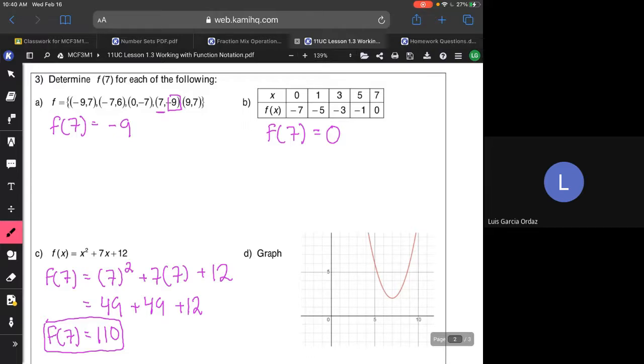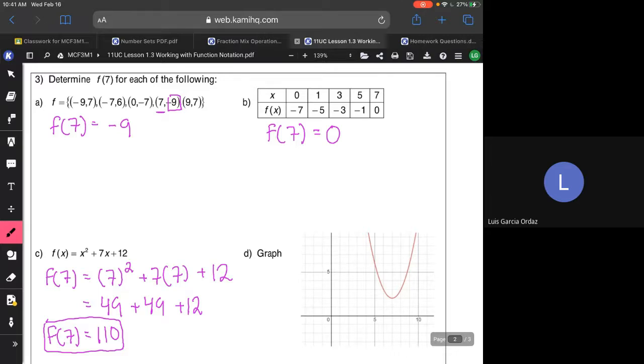So all I'm going to do is identify where my x value is 7, and then find the y value that's beside it. Oh, so that would be 9. Yep. Remember I said, when 7 is x, then it would be -9. Yep. And then for B, you have to find where 7 is on x, and figure out what the y value is.